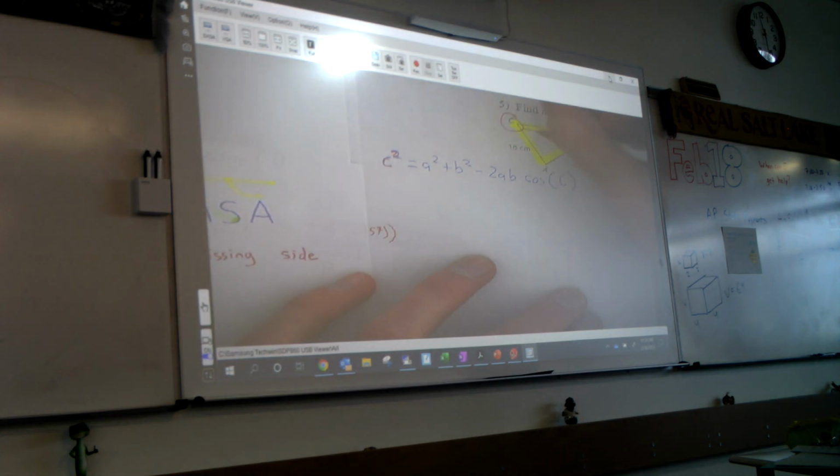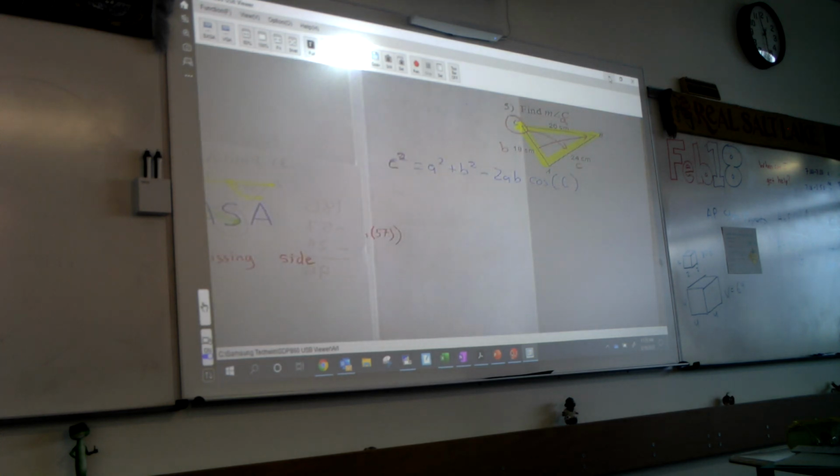What's 18 across from it? There you go. So this is B, which would make 26 A. Great, so let's rewrite that equation. But instead of C, I'm going to put 24. Instead of A, I'm going to put 26. And instead of B, I'm going to put 18.